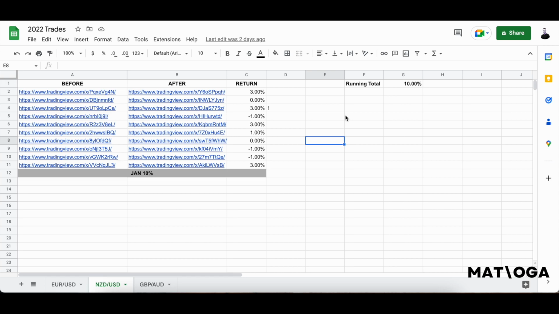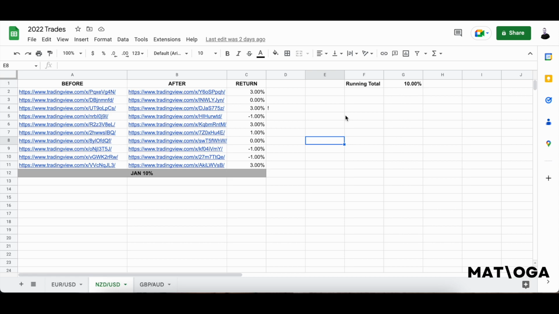We will go through the trades, and to be honest, NZD USD is one of the pairs that is quite interesting, I would say, because most of the time it starts to move within the US session. So it's a bit more difficult to find the positions within the London session, but it's possible and it's a pretty decent pair to trade.